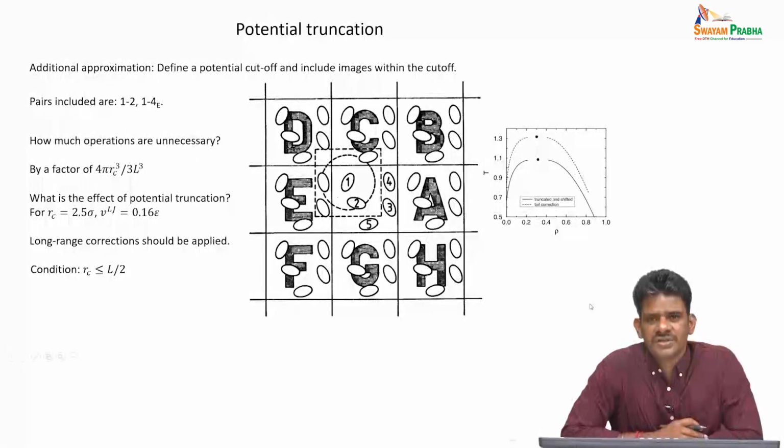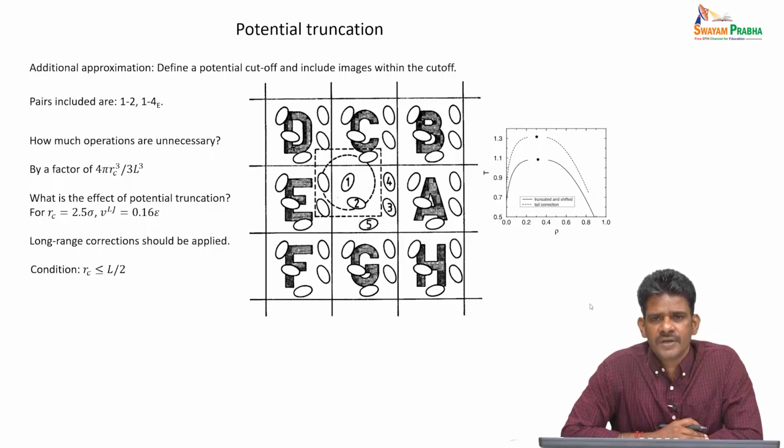And another important concept we discussed was potential cutoff. The interactions are mostly pairwise, so in a given simulation box we sum over all the pairs and then calculate the total energy. It turns out that sometimes these energies are very short ranged, and we don't necessarily have to sum over all the pairs.